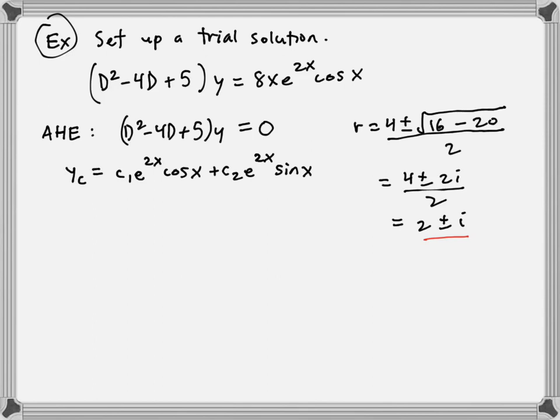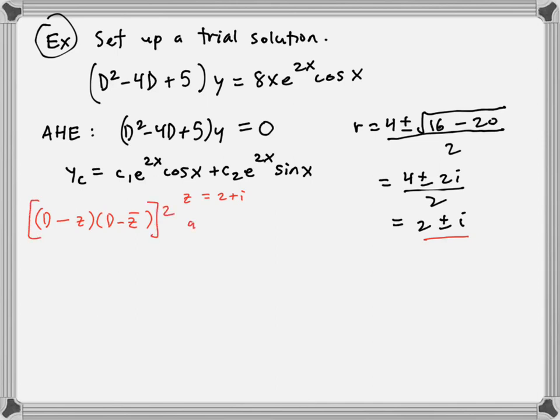So if we call z equal to 2 plus i, we know that D minus z times D minus z bar would annihilate it if there was no x there. But because there's an x there, I do need to square it.